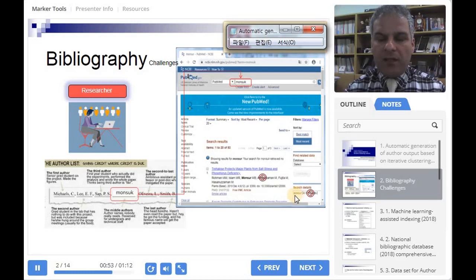There are many articles that address these challenges, fixing ambiguity of names used by researchers in databases.